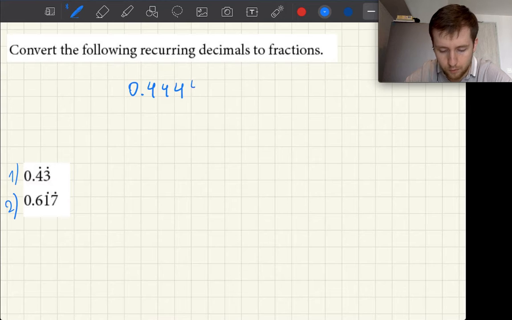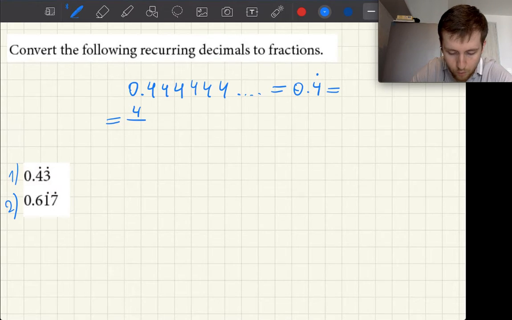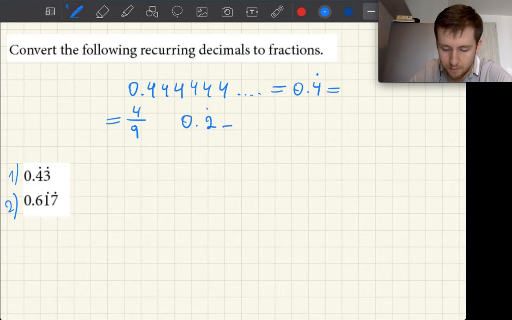A number like 0.44444 repeating can be written as 0.4 with a dot on top, which can be written as a fraction as 4 over 9. In the same manner, 0.2 repeating can be written as 2 over 9.